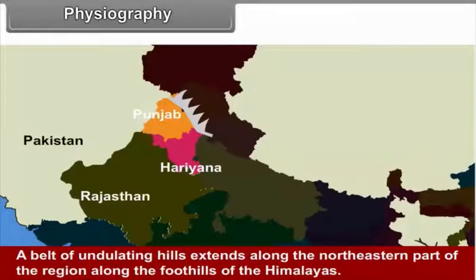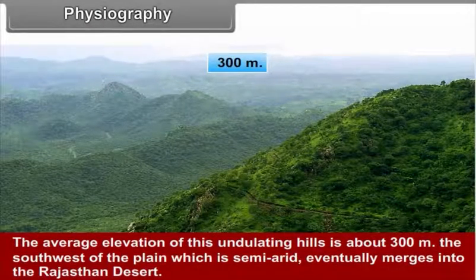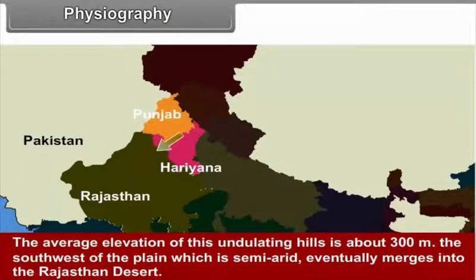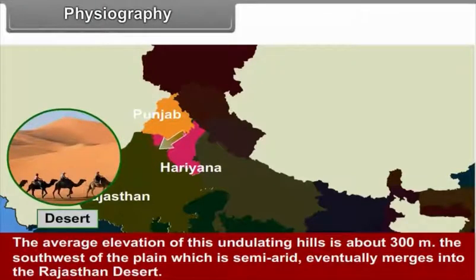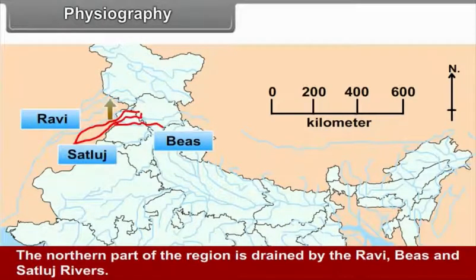A belt of undulating hills extends along the northeastern part of the region along the foothills of the Himalayas. The average elevation of these undulating hills is about 300 meters. The southwest of the plain, which is semi-arid, eventually merges into the Rajasthan desert. The northern part of the region is drained by the Ravi, Beas, and Satluj rivers.